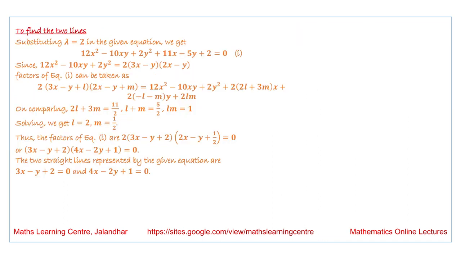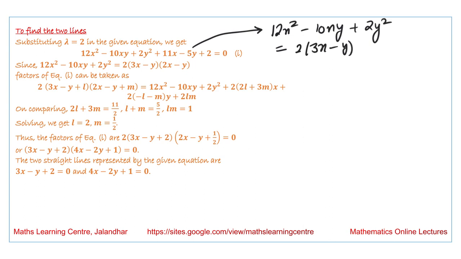To find the equation of the two lines, we write the given second degree equation. It is written in the form 12x² - 10xy + 2y². We can factor these terms as 2(3x - y)(2x - y).